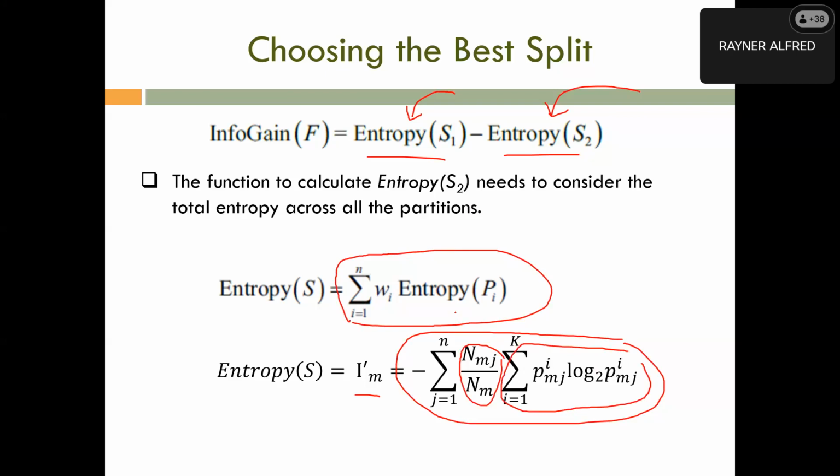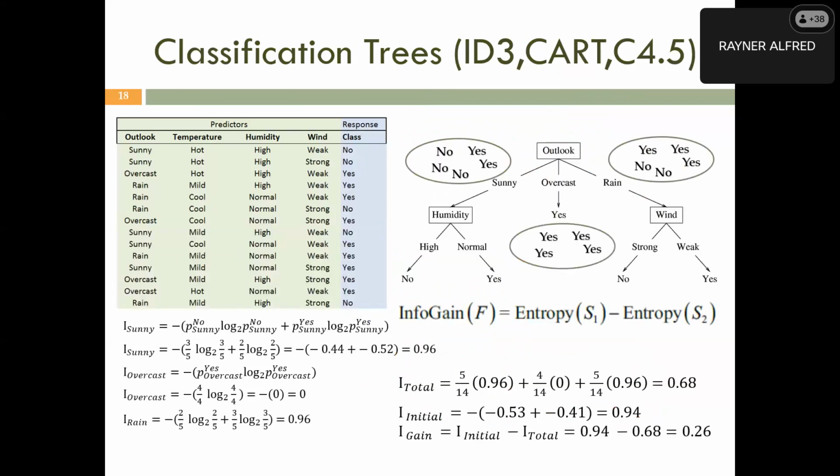Okay, so how do we apply this in a real situation? We go back to the example just now. We have the first partition, second partition, and the third partition. We are splitting the data from here. The entropy for the first one is 0.96, this is 0, and this is 0.96.